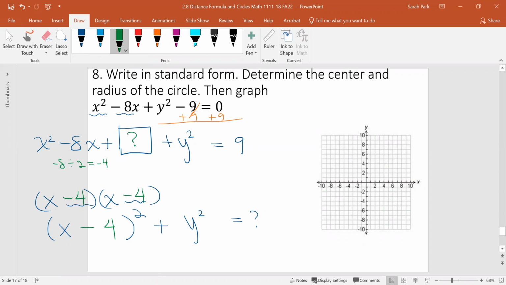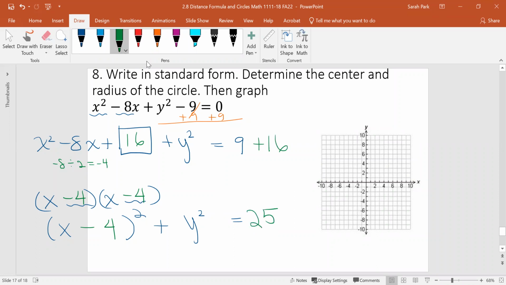Well, if you multiply negative 4 and negative 4 together, that's going to give us 16. So that is positive 16. Okay, y squared is by itself. There is no other y term, so we don't need to do this unfactoring process for that. And because we added 16 to the left, we have to add 16 to the right. And 9 plus 16 is 25.